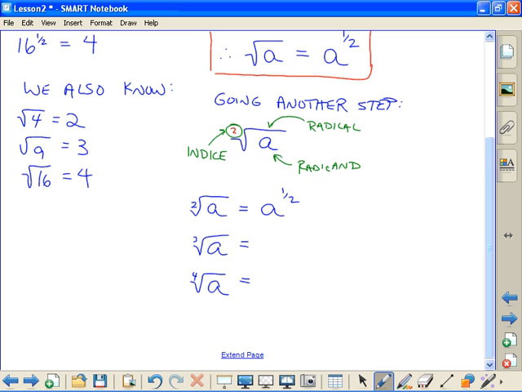The cube root of a is the same as saying I would like to find a number multiplied by itself 3 times, so 1, 2, 3, that would give me a, and it would be a to the exponent 1/3. So the next one, the fourth root, would be 1/4. So your indice ends up as the denominator. Here's your indice.